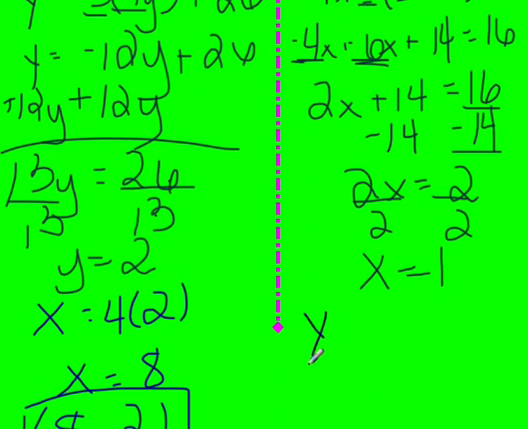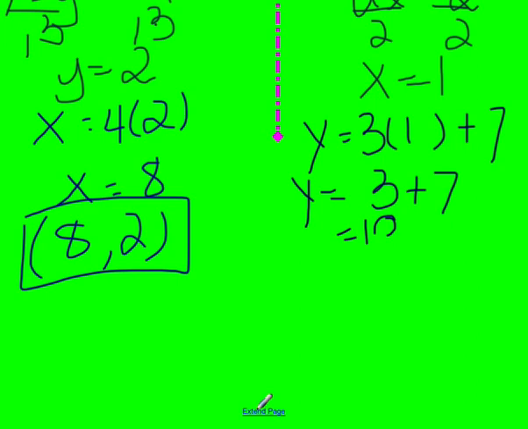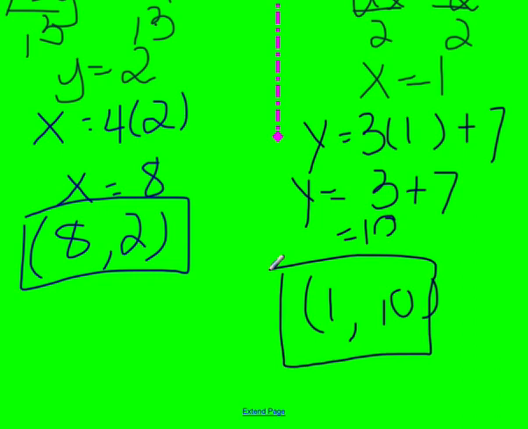So wherever I see an x in that second equation, I'm going to put in a 1. Everything else is going to stay the exact same. So then I have y is equal to 3 times 1, which is 3, plus 7, and 3 plus 7 is 10. So then my solution, I have x is 1 and y is 10. So I'm going to go ahead and write that out as a coordinate point.